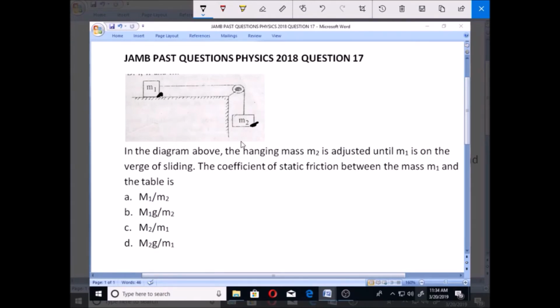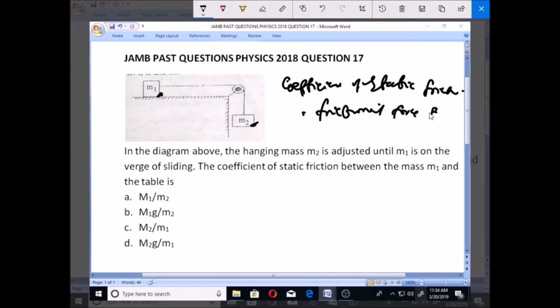Now, in order to be able to appreciate this question, we need to understand what coefficient of static friction is. Coefficient of static friction is actually the frictional force F all over the normal force R. So that is what coefficient of static friction is.